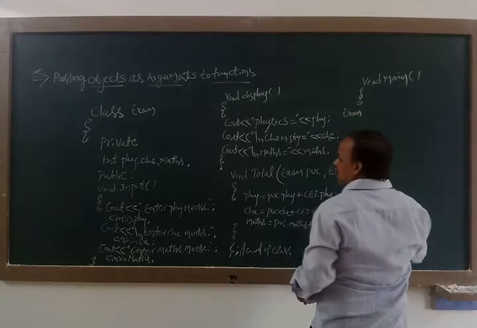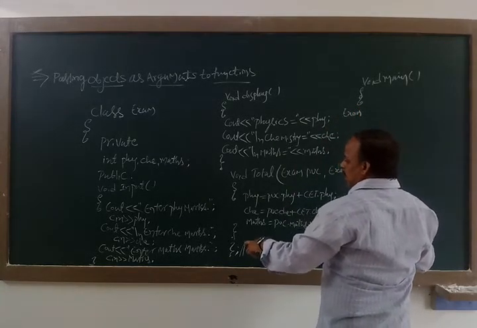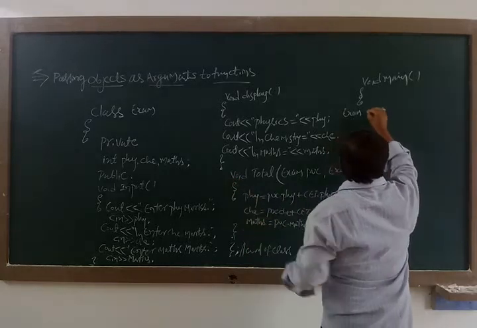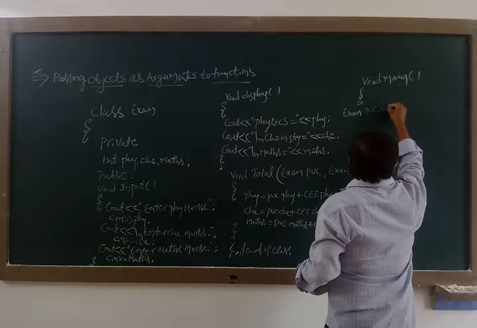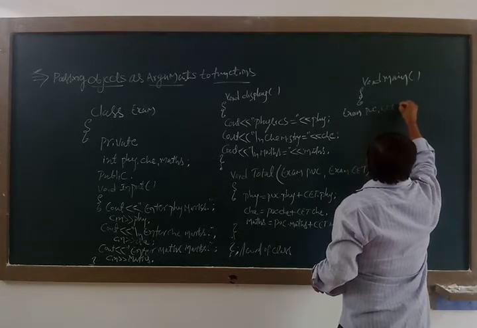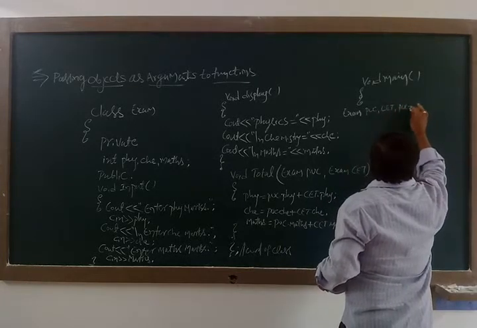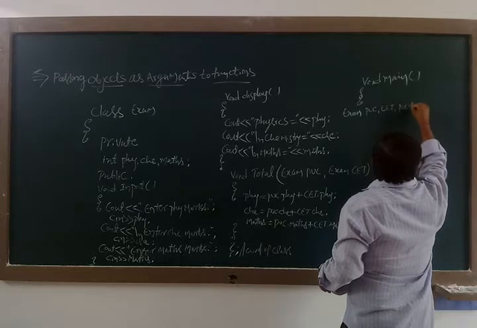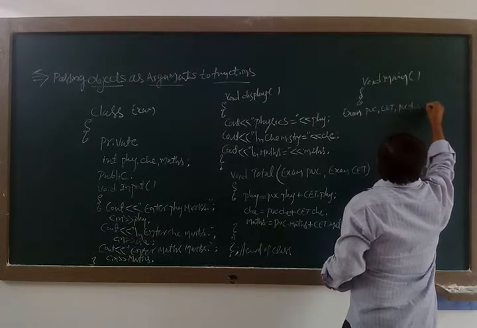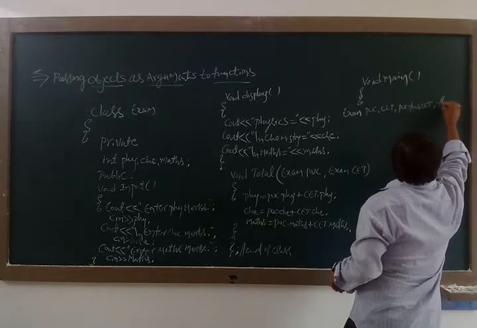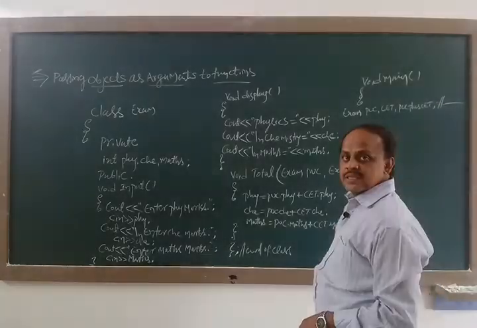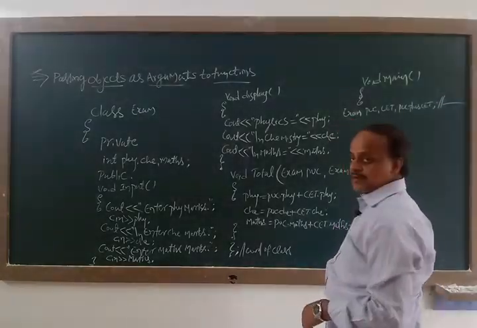Exam space, what are the objects we needed here? We need three objects, right? First one is PUC comma CET comma PUC plus CET, right? What is this? Object declarations for the class exam.